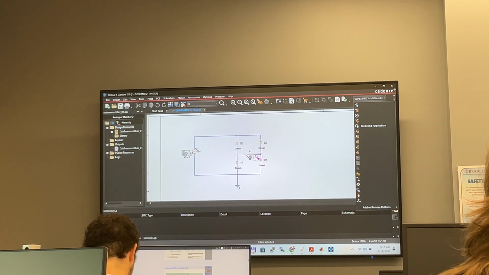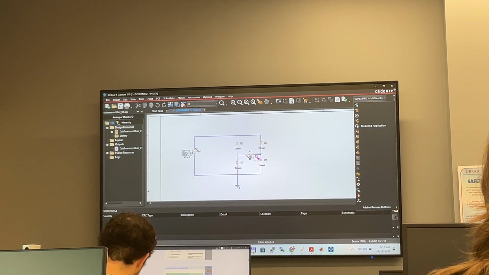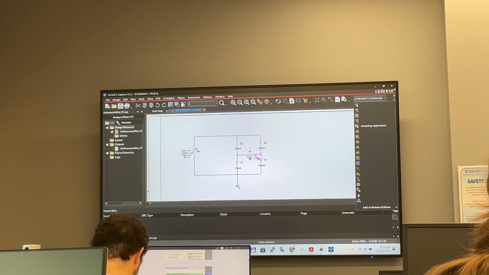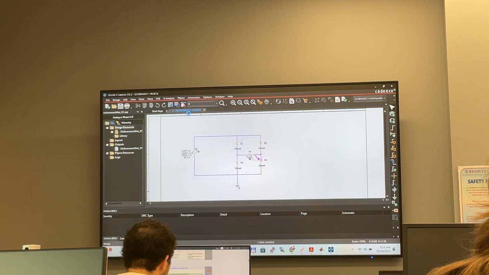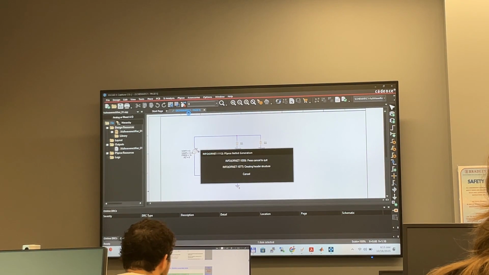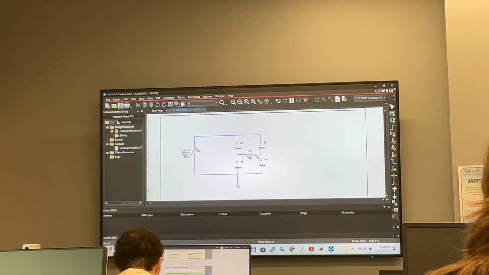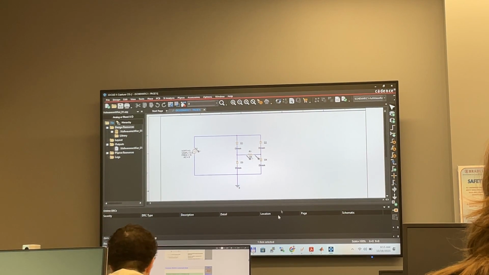If you don't use the differential probe, you can use the single probe voltage: one channel you put right here, the other channel you put right here. After that, you will have to add another trace and subtract one voltage from the other. So let me show you, I'm just running it.